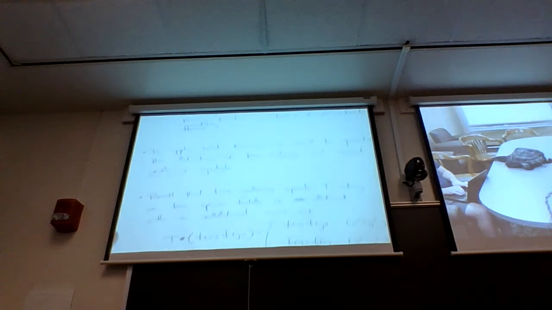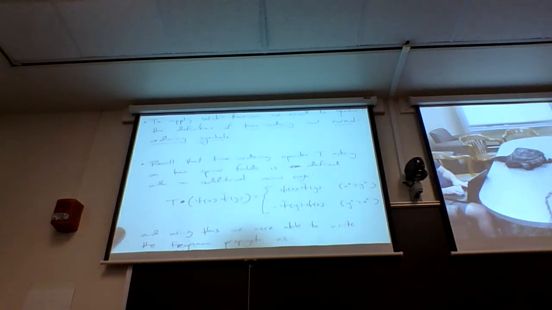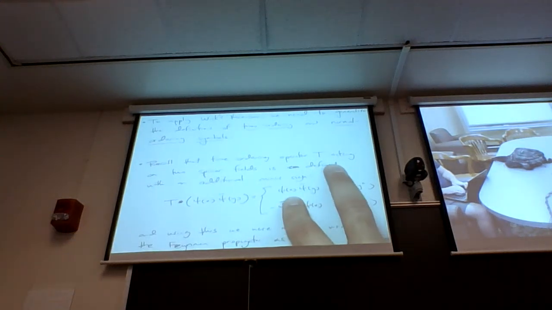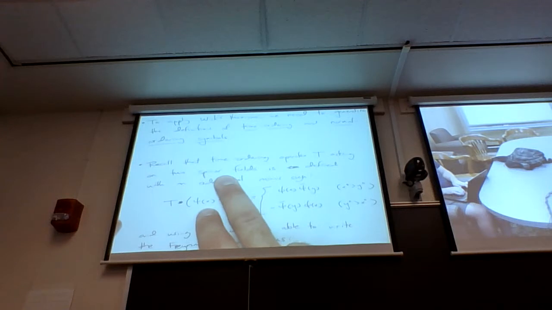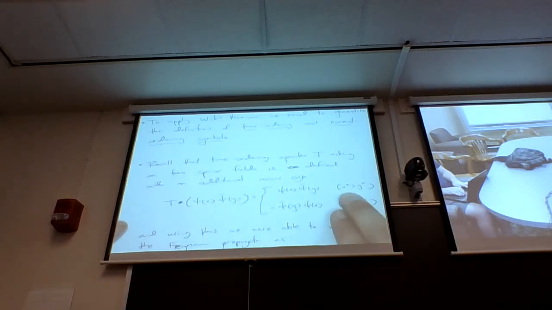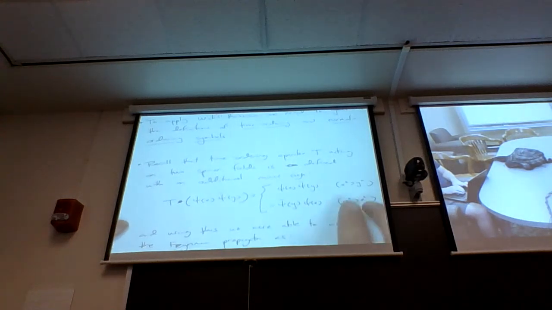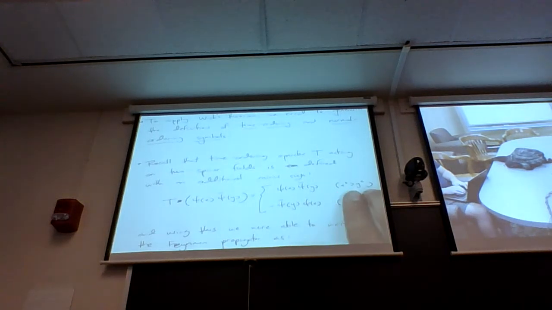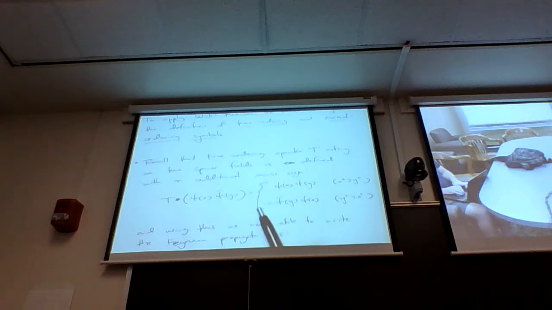So if you remember back this far, I don't know if you can, when we talked about time ordered products of two spinor fields, right? Depending on which time was greater, so two fields psi and psi bar at x and y, depending on whether x naught was greater than y naught or y naught was greater than x naught, these things were defined to be like this.